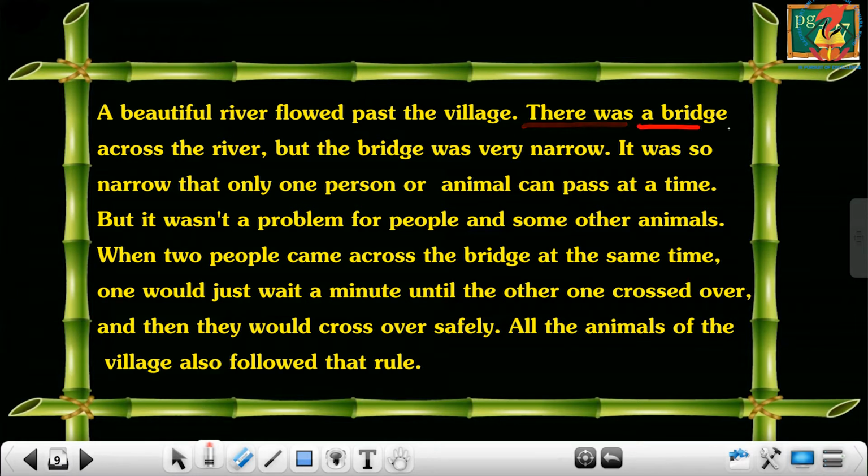There was a bridge across the river. Across the river. But the bridge was very narrow. Very narrow.